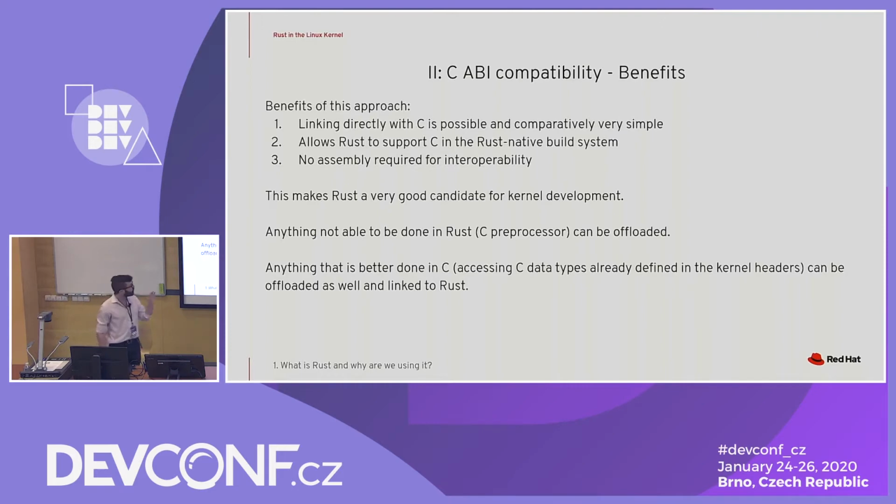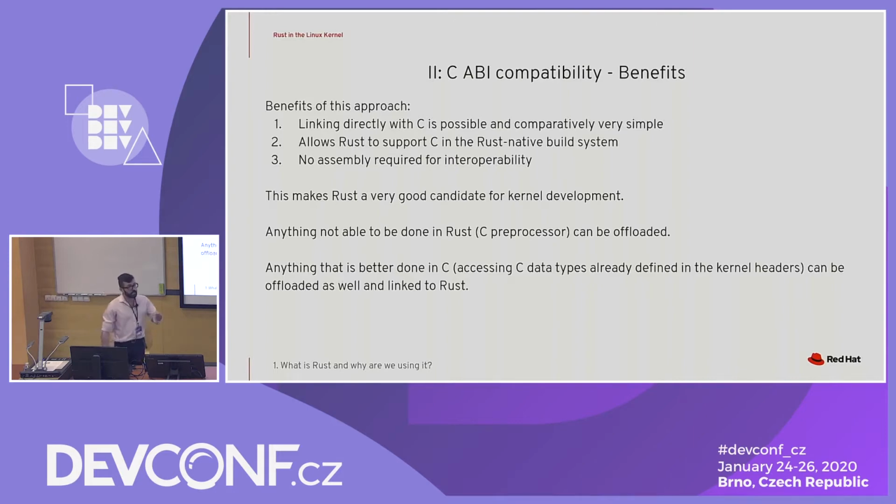Rust is going to natively support in its build system linking C directly into the Rust program. So even the build system works with it pretty simply. And we really don't need any assembly for this whole process. So this overall is going to make Rust a very good candidate for kernel development.